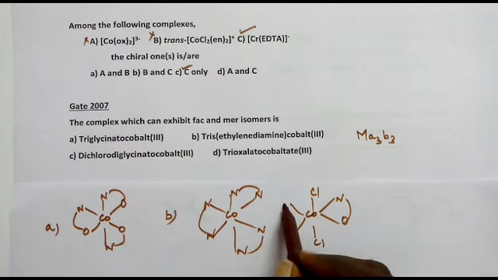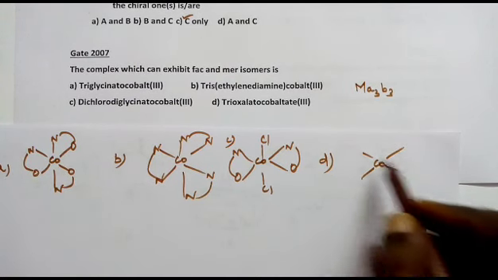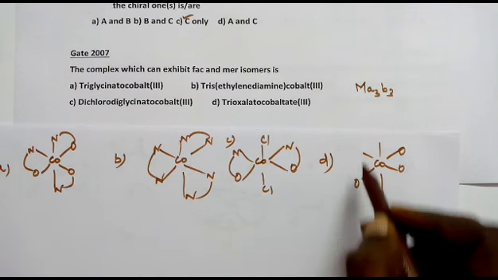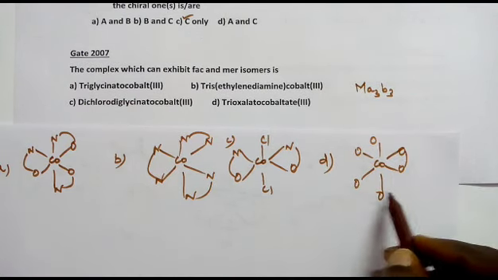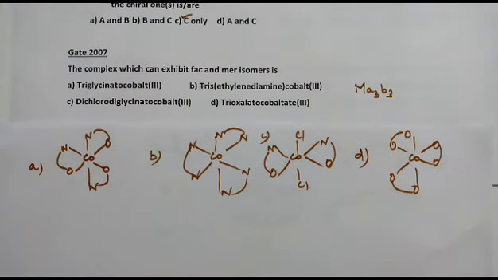Oxalato is a symmetric bidentate ligand, which we have seen in the previous problem. So D is cobalt with oxygen, oxygen, oxygen, oxygen, oxygen, oxygen. Trioxalato. Look at these four complexes.